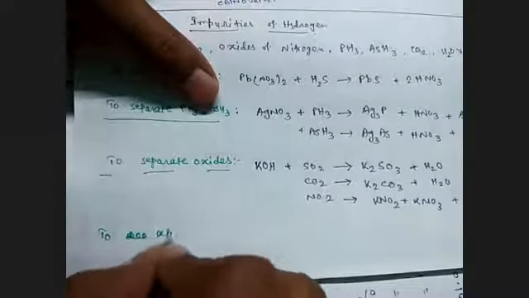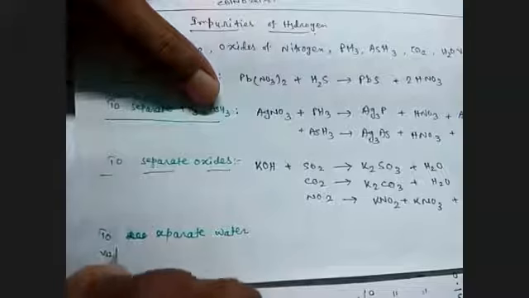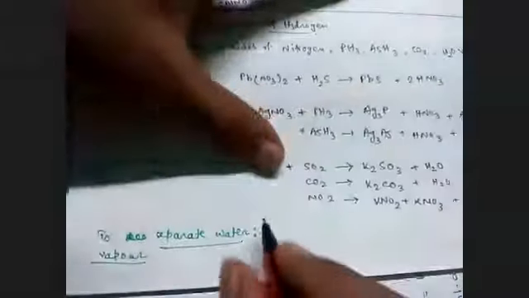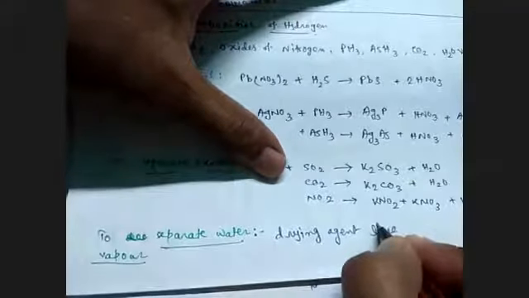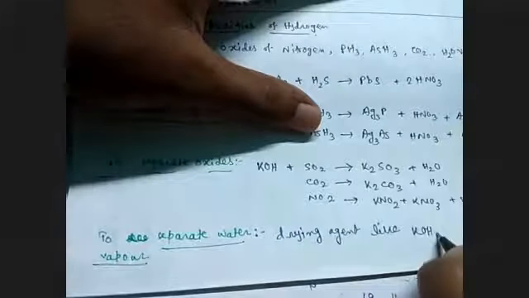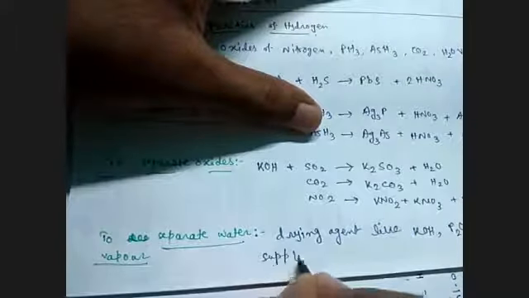To separate water vapor, drying agents like caustic potash, KOH, and phosphorus pentoxide, P2O5, are used.